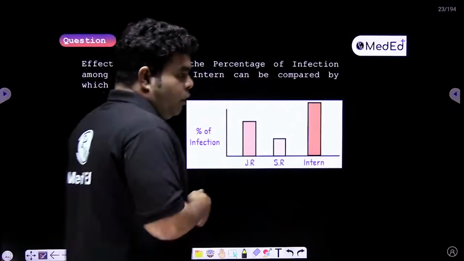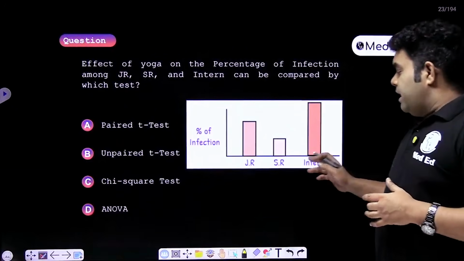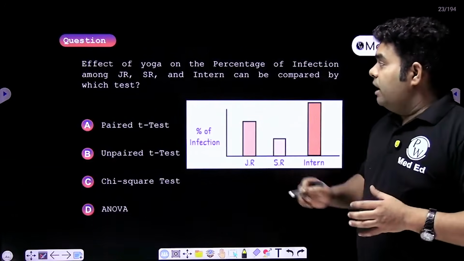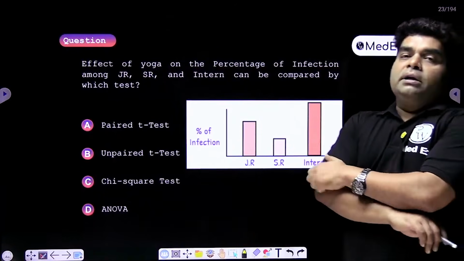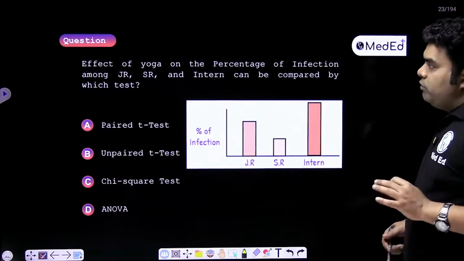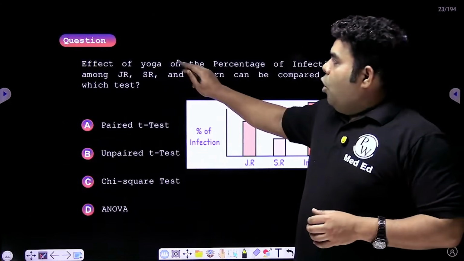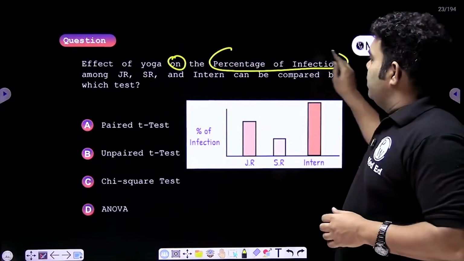This is a question that has already come: there are three groups of people, JR, SR and intern, and you are comparing the effect of yoga on the percentage of infection among the three groups. Which test will you apply? To answer such a question, what you have to see is what is written after the word 'on'. After it is written percentage of infection.